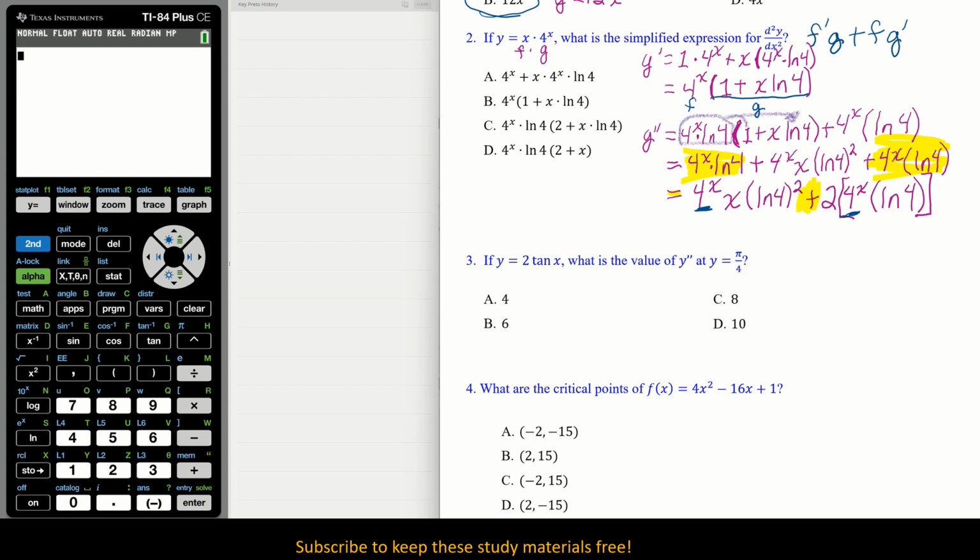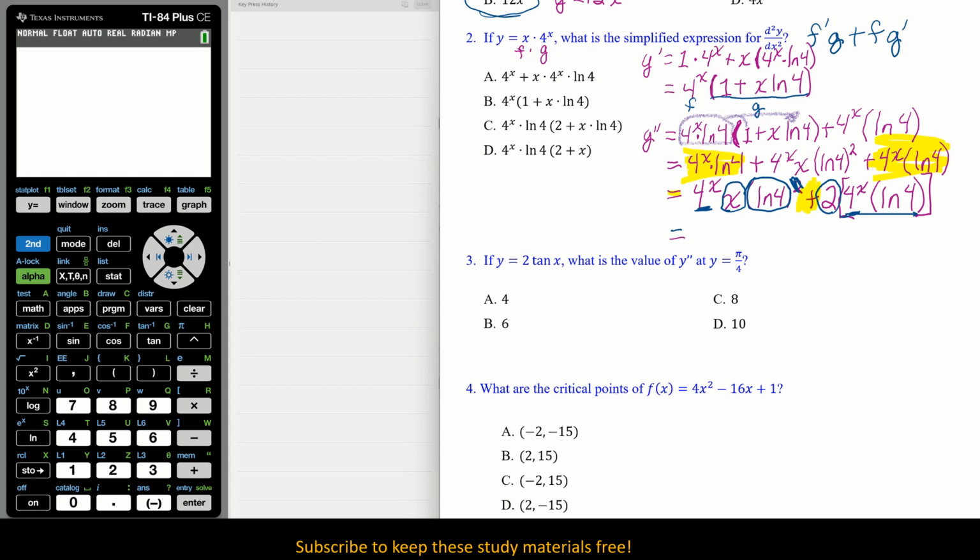Basically, behind the plus sign, we're pulling out all of this and leaving behind the 2. Over here, we pull out the 4 to the x, we have to leave behind the x, and we have to leave behind one of the ln 4s and pull out the other one. So let me show you what that looks like.